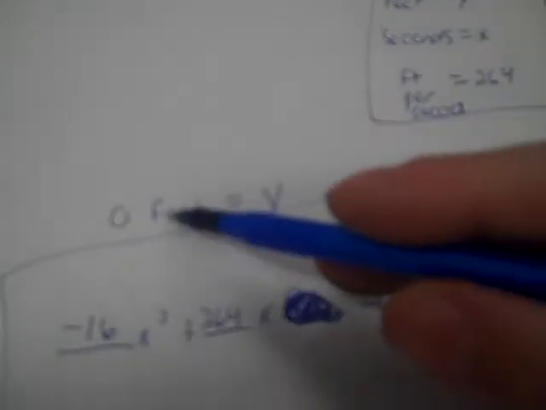That's my equation. Now I need to insert 0 feet into the equation for the appropriate variable. Feet equals y, so y gets replaced with 0.